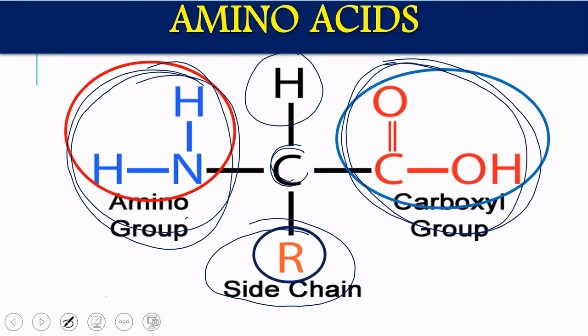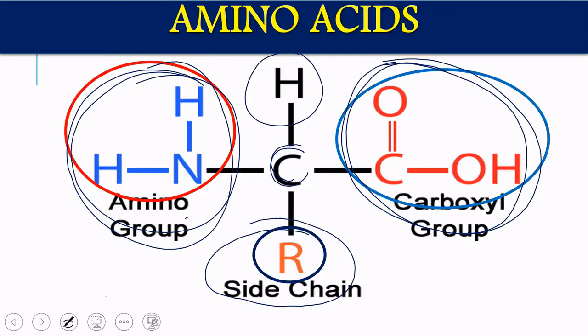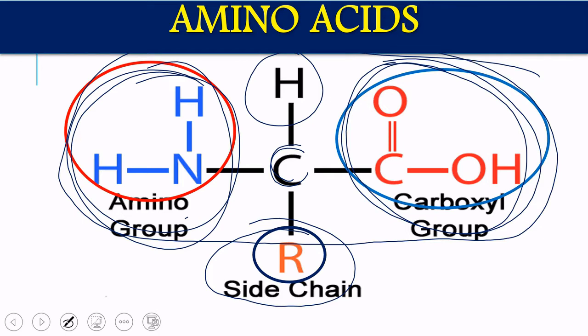So the basic thing is, in all the amino acids except the R group, the remaining part is the same. So the main properties of an amino acid, which vary from one amino acid to another, depend on the R group.